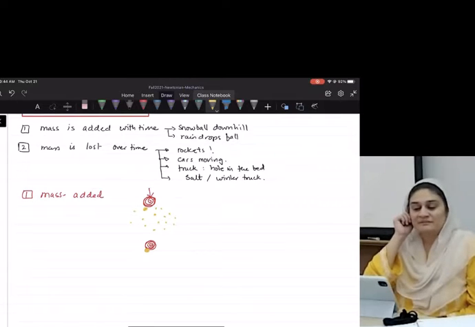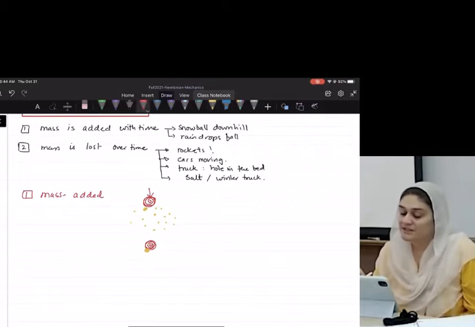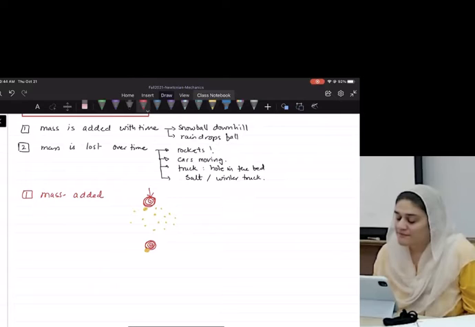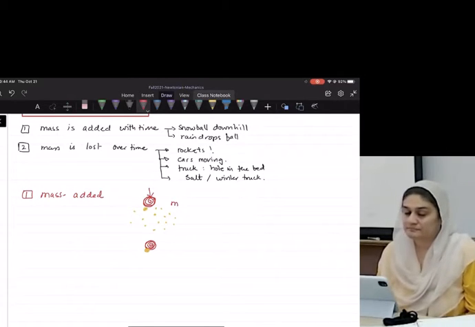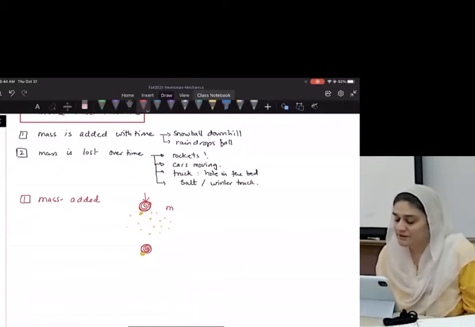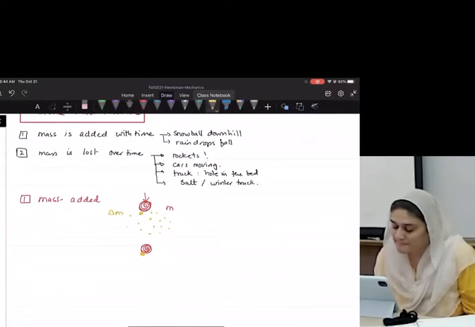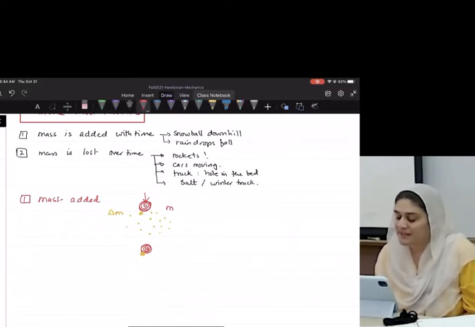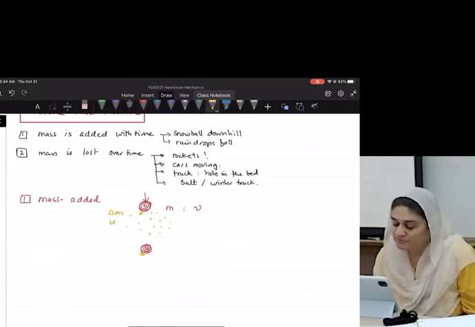That might be easier. So if the initial velocity of this mass, big mass, can I call this M? And this little mass, can I call this delta M? And suppose this big mass is moving with the velocity V, and this little mass is moving with the velocity U, and they're all a function of time.